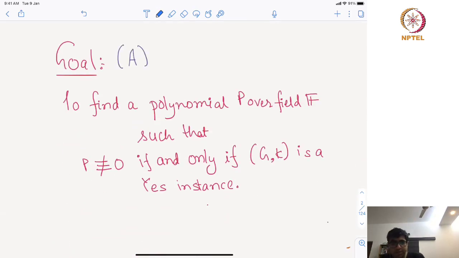So, what will the first goal be? Now that we would like to apply the Schwartz Zippel lemma, first of all we have to cast our problem, or we have to find a polynomial P over a field F, and we want to say, look, this polynomial does not evaluate to 0 if and only if (G, k) is a yes instance.